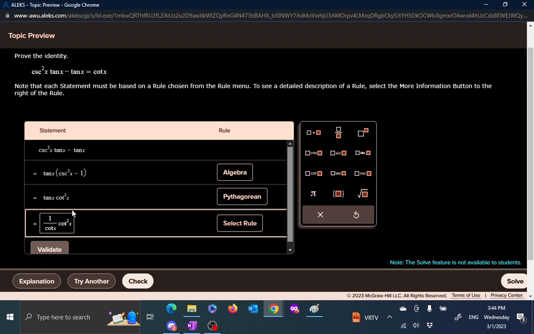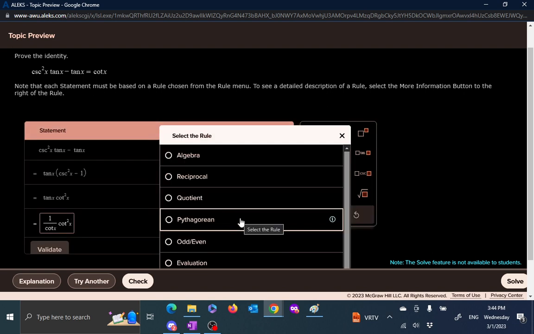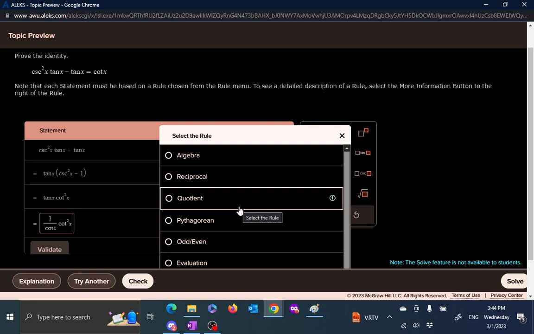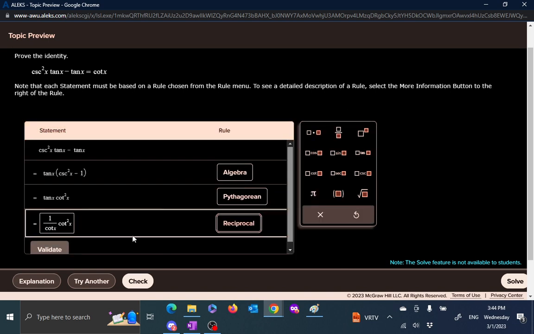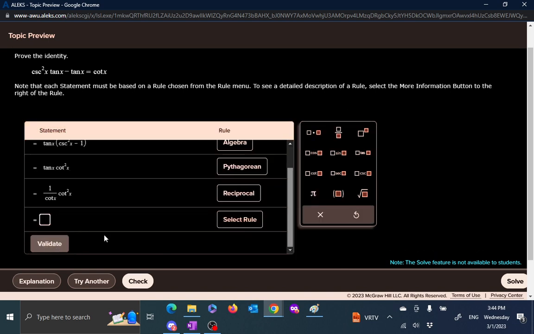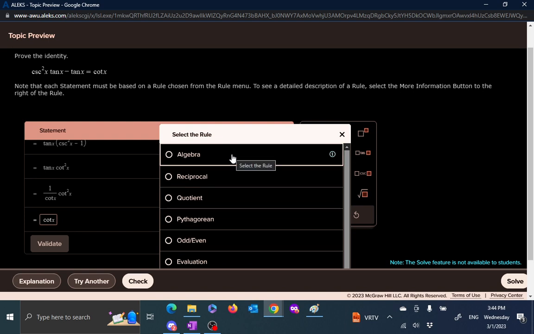Instead of tan, I wrote 1 over cotangent, and what I'm doing there is of course the reciprocal identity. Now all I have to do is simplify cotangent: one from the denominator and one from the numerator cancel each other out, and all I am doing here is the algebra.